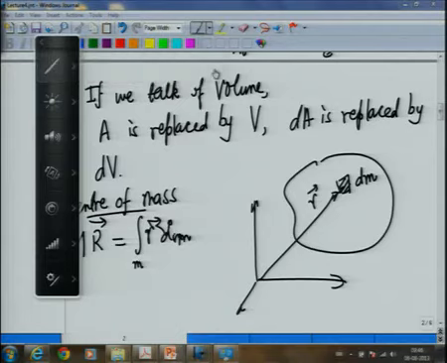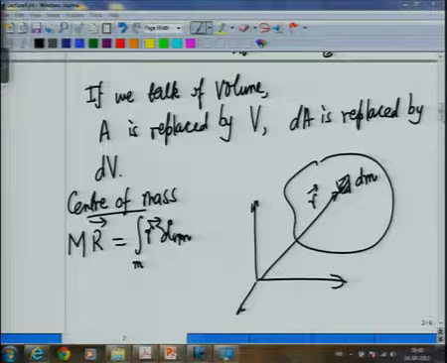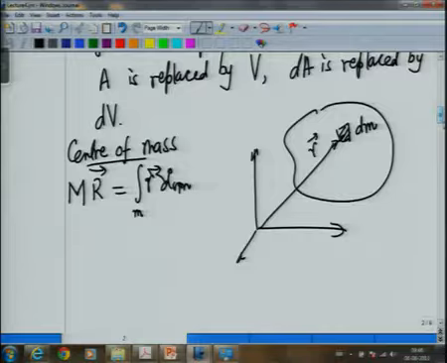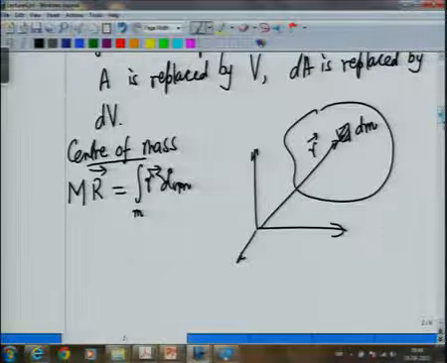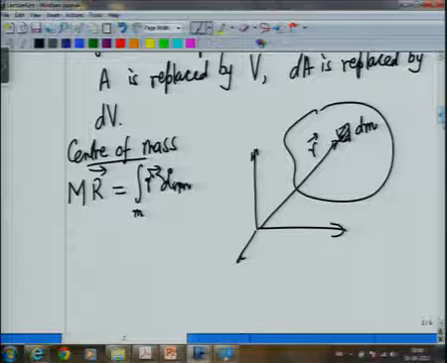The difference now is that dm is basically density times dV. If the density is uniform, then the centroid of the volume is the same as the center of mass. But if the density is varying, then you will get a rho term here which may be a function of r, and then it could change.